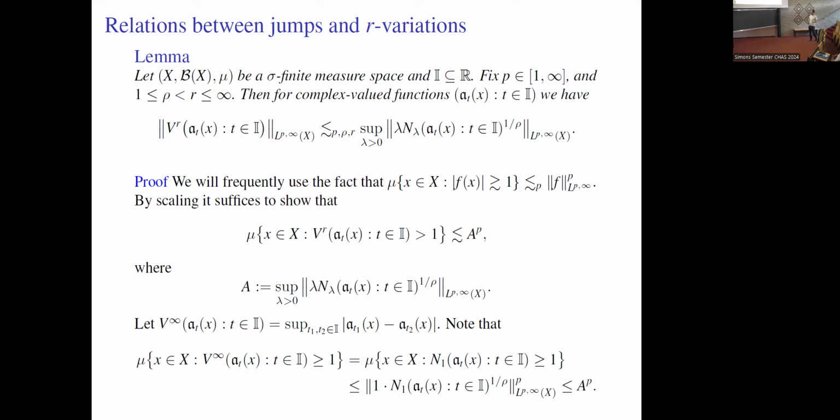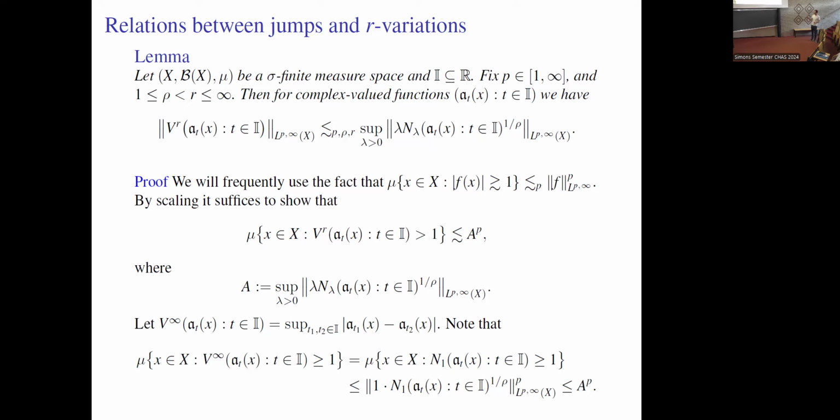First we make a technical reduction: we want to assume that our sequence does not have jumps larger than one. We consider the r-variations for r equal to infinity, which is just a sort of maximal function of the differences. We can easily conclude that if this function is greater than one, then we have the bound we want.